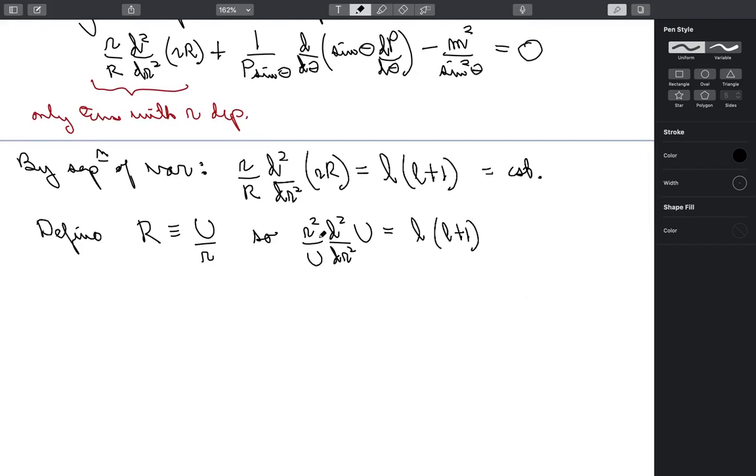This is a very simple second order differential equation, because it can easily be solved by a single homogeneous power of r for u. If I take a second derivative, I'm going to get a factor that's the exponent times the exponent minus 1, and that whole thing can be equal to a constant like this. So we're going to try to find a solution.